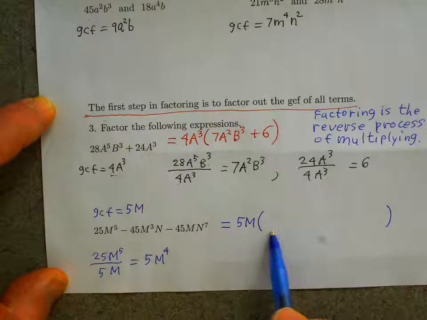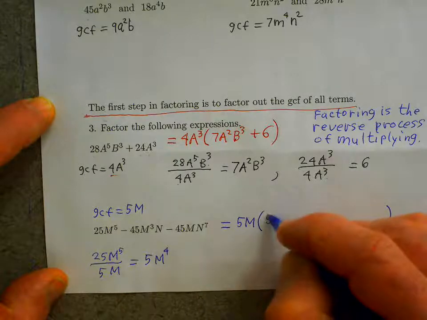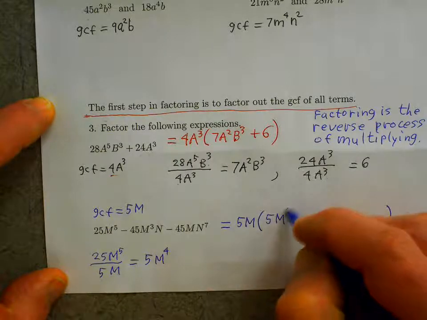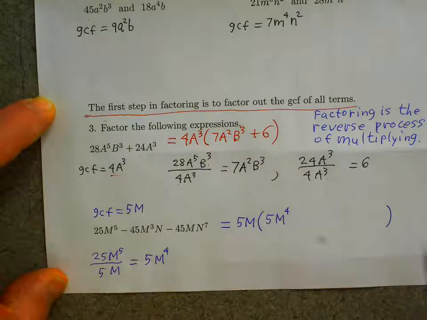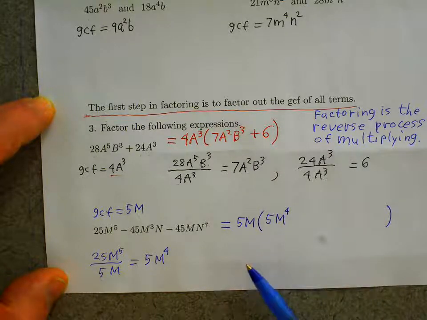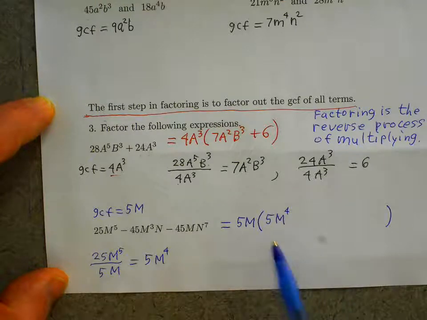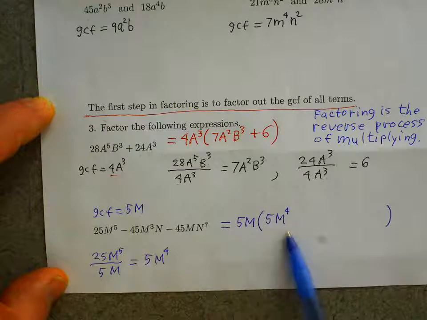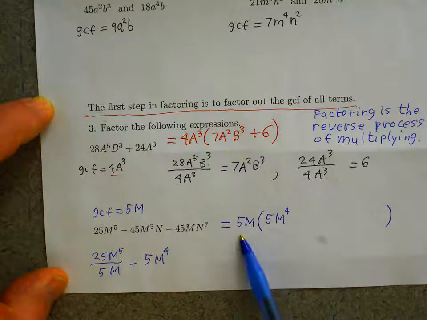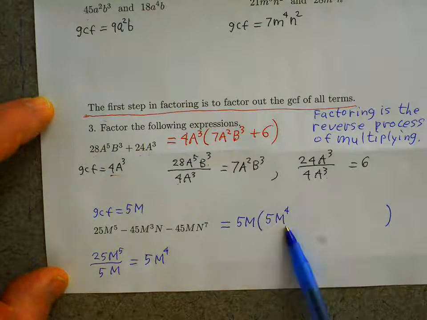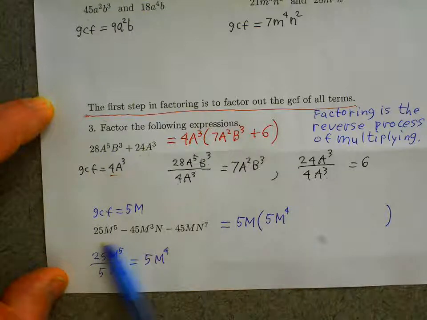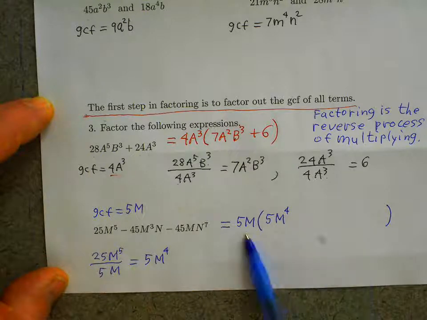So the first term inside the parentheses is 5m to the 4th. Remember another thing that I mentioned earlier, you can check your factoring by multiplying. So at each step in the process, you can check your answer. You can verify that 5m times 5m to the 4th is 25m to the 5th. So that checks out.